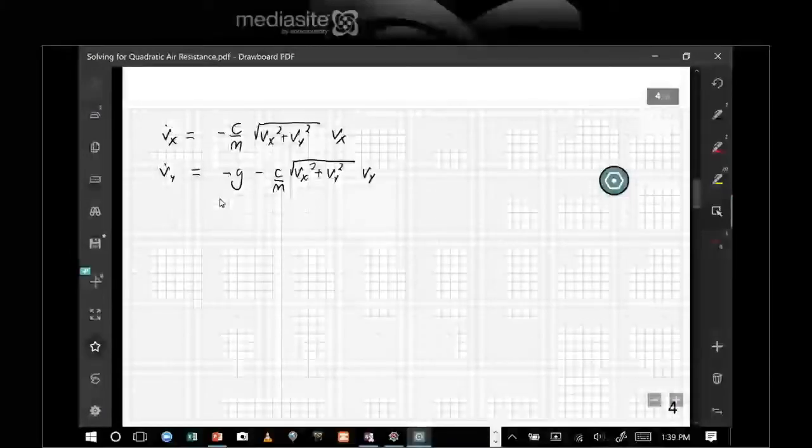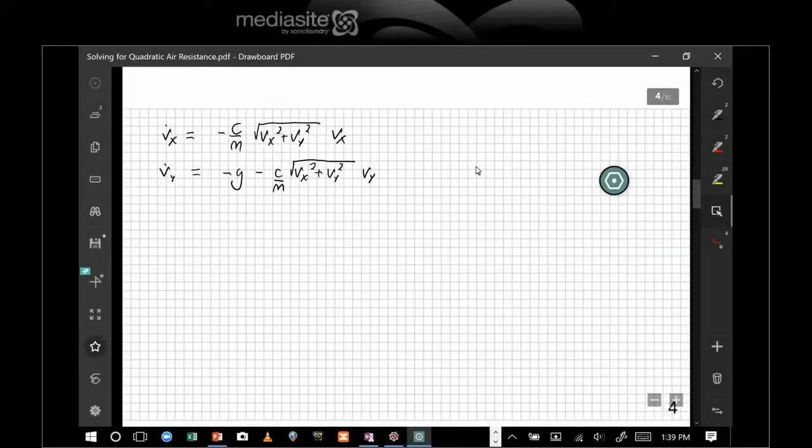Remember, once we have these here, if I have Vx as a function of time, how do I get x? Well, Vx is equal to dx/dt, and so I can calculate x as a function of time as the integral from 0 to some time t of Vx(t') dt', plus my initial condition for the constant.